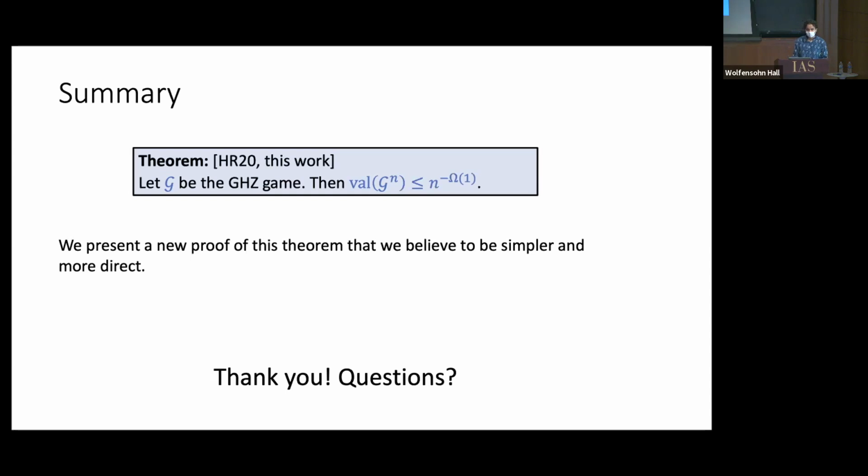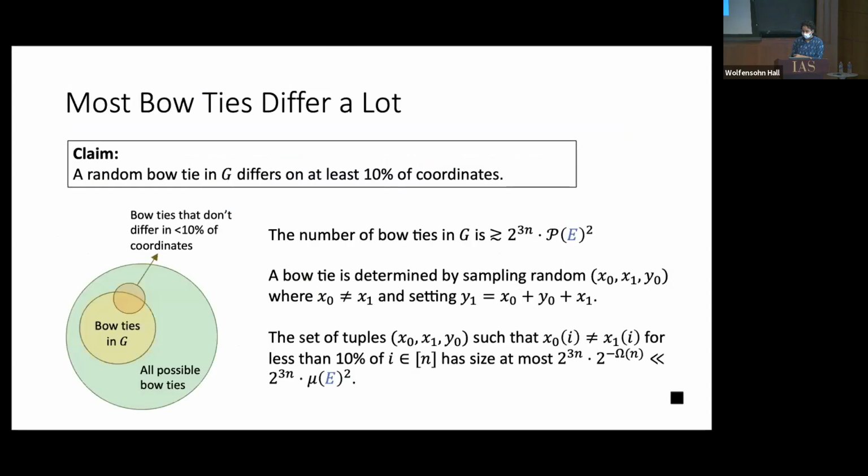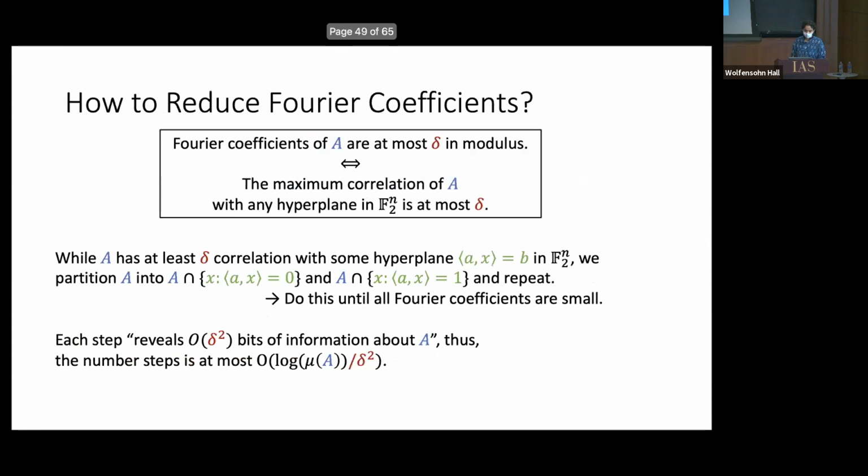Questions? Could you look at the density increment slides for a second? Which slide? Density increment. Oh, okay. So is this for all 3 events, or do you do it only for E3? So this is a bit technical.